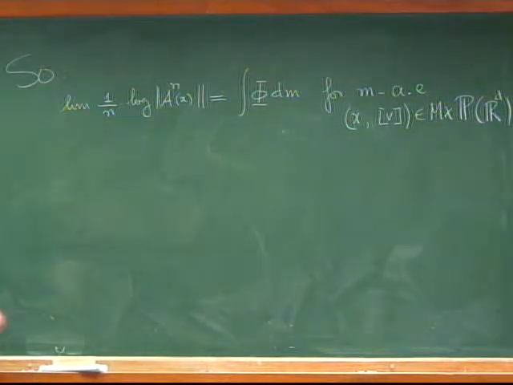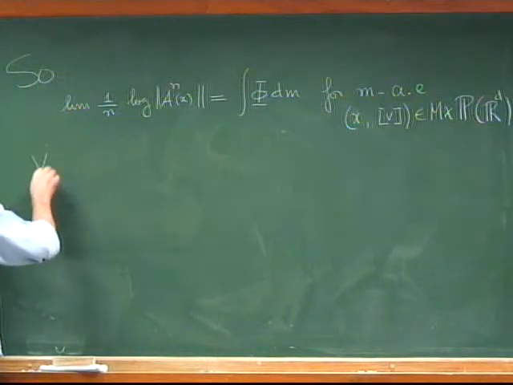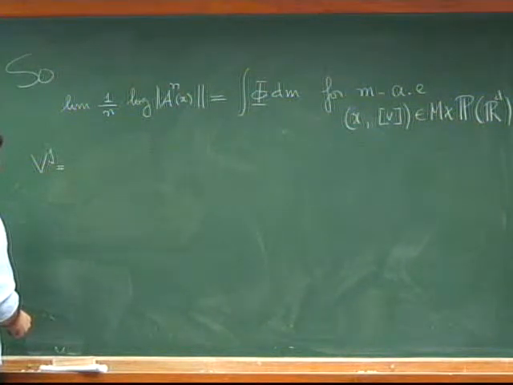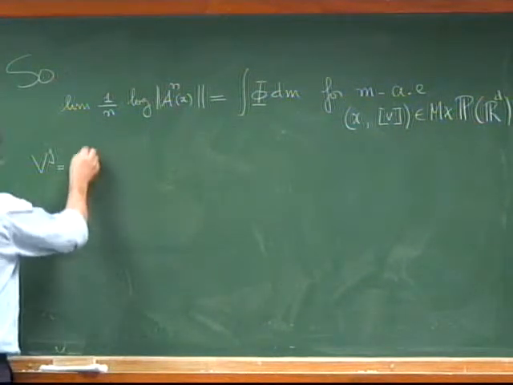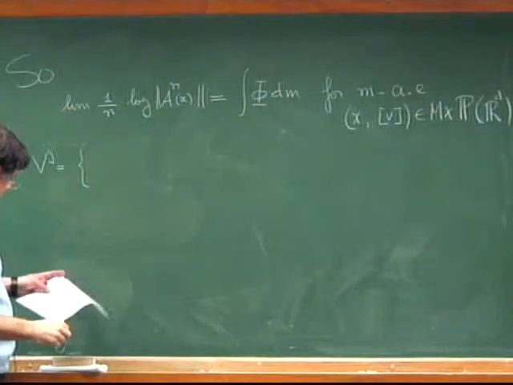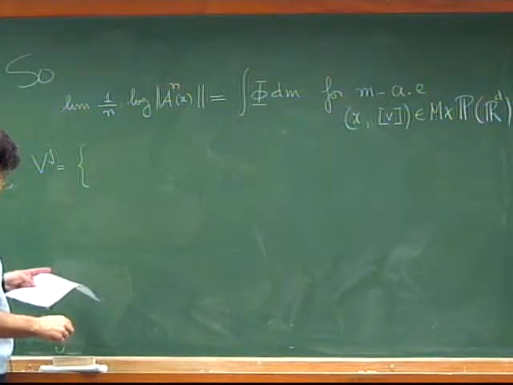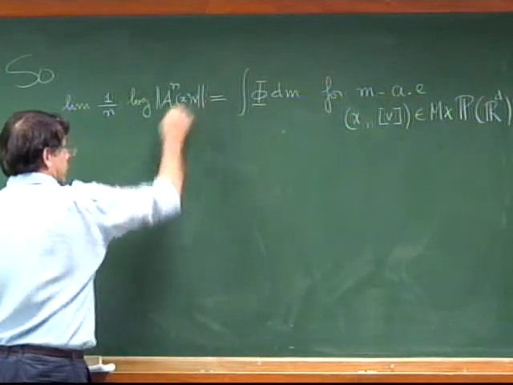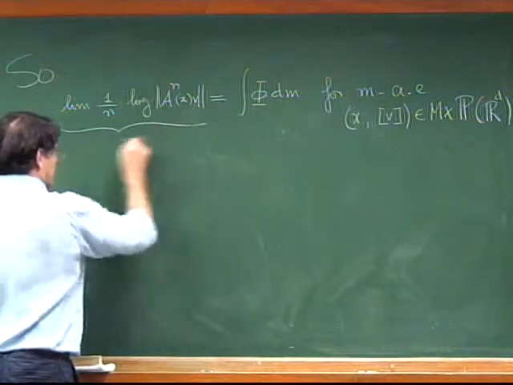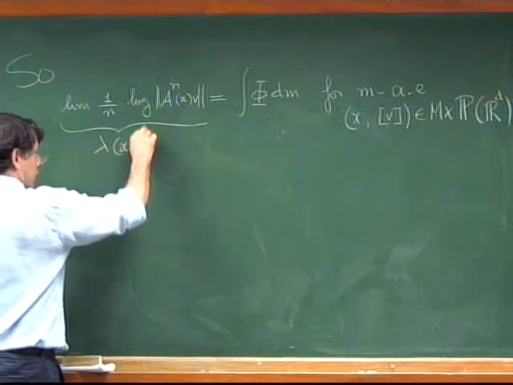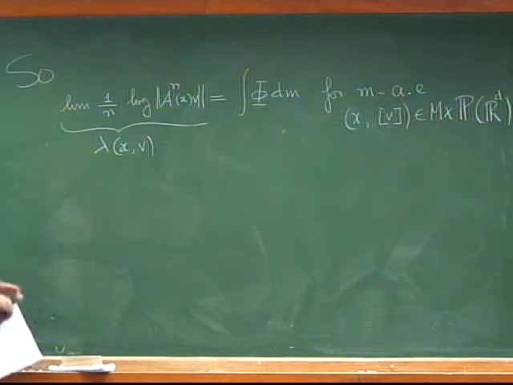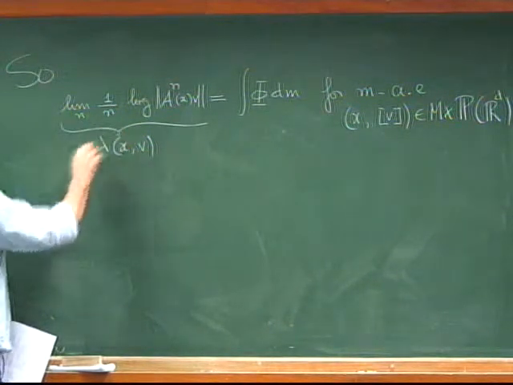Now I'm going to look at these sets. So here is a v. Now this is what we call lambda x v, the Lyapunov exponent associated to the vector v, except that when we defined this, it was a lim sup, and now we already know that it's a limit.